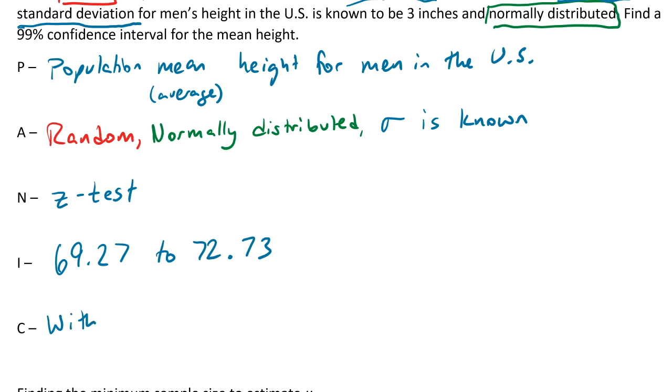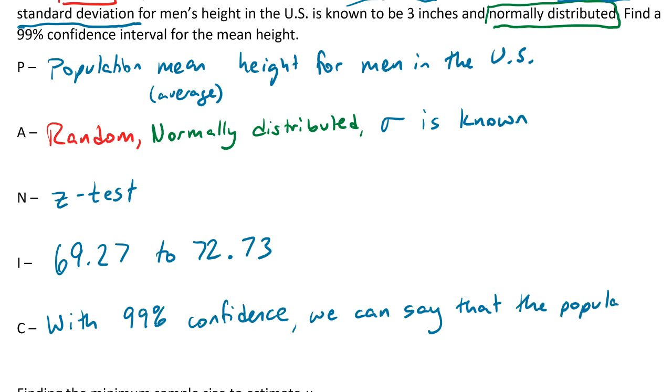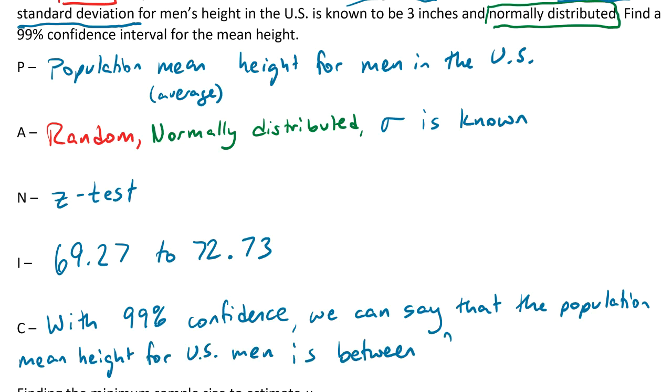So our conclusion is going to be with our level of confidence, so 99% confidence, we can say that our parameter, so the population mean height for US men, is between 69.27 and 72.73.